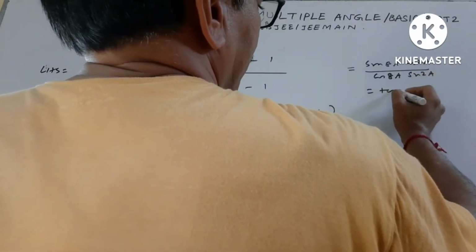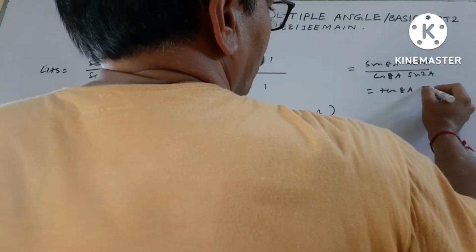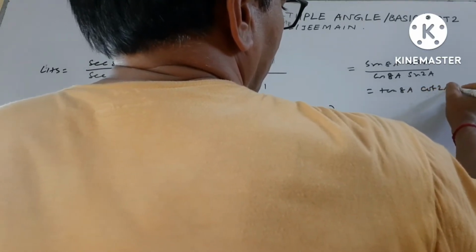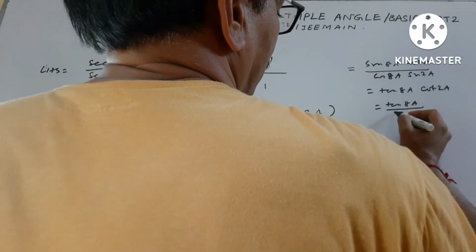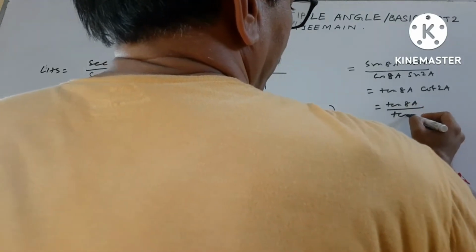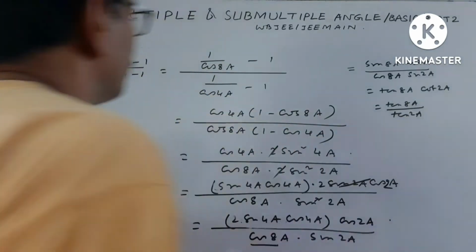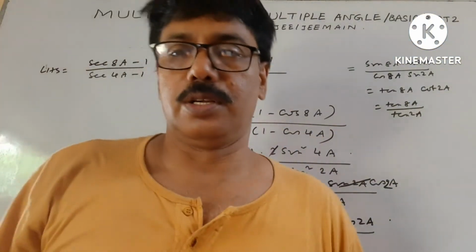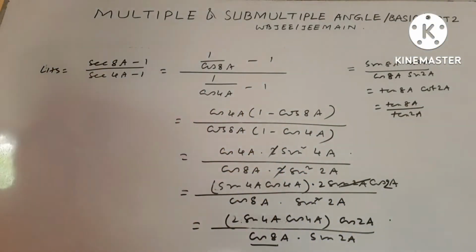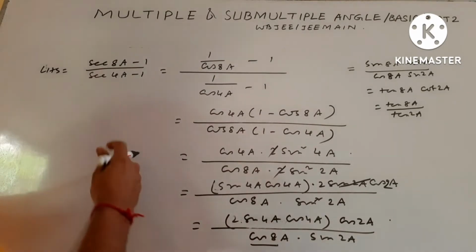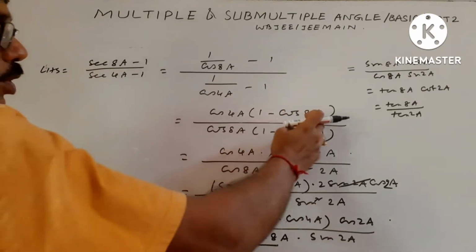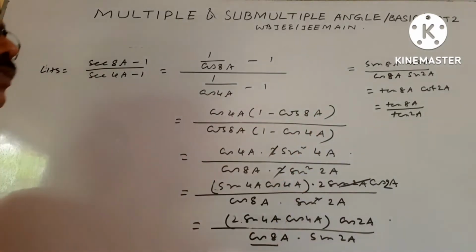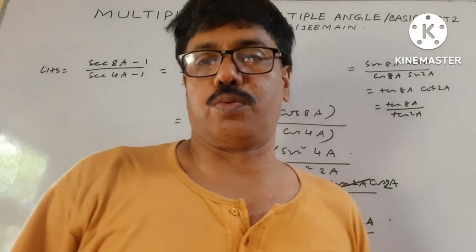So tan 8a into cot 2a, so tan 8a by tan 2a. So this is the right hand side. Your main aim is to express the greater value 1 minus cos 4a in terms of the formula 1 minus this. Then you see the proof.